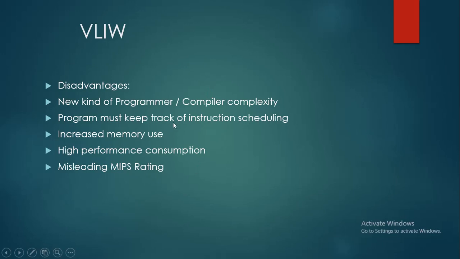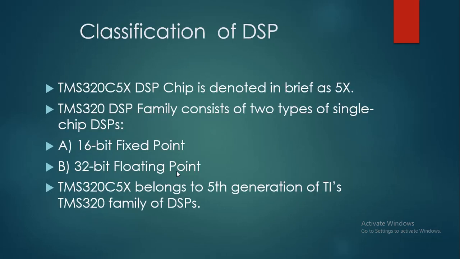The program must keep track of instruction scheduling, memory is increased, there is high power consumption, and the MIPS rating based on instructions per second is misleading. MIPS stands for million instructions per second.